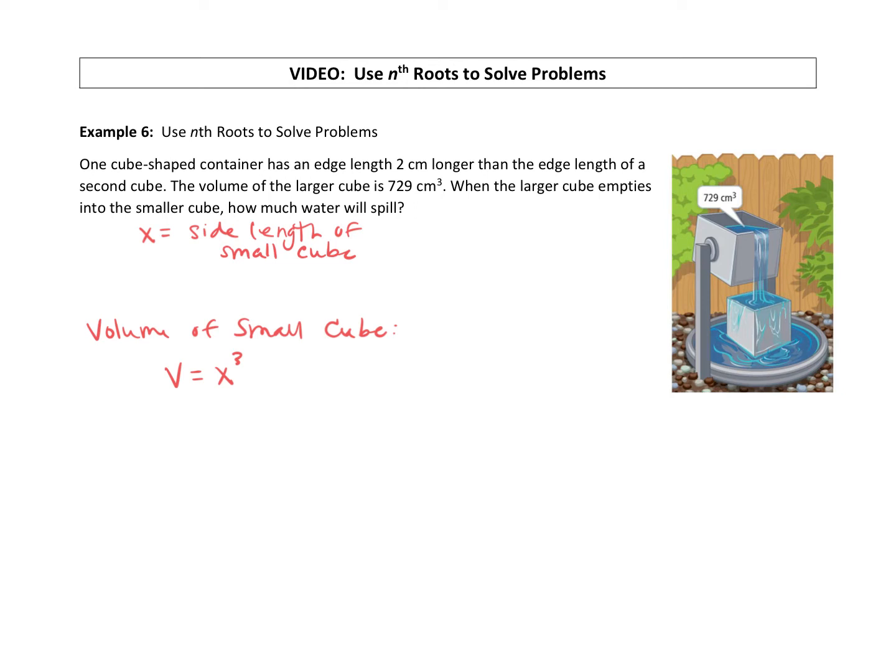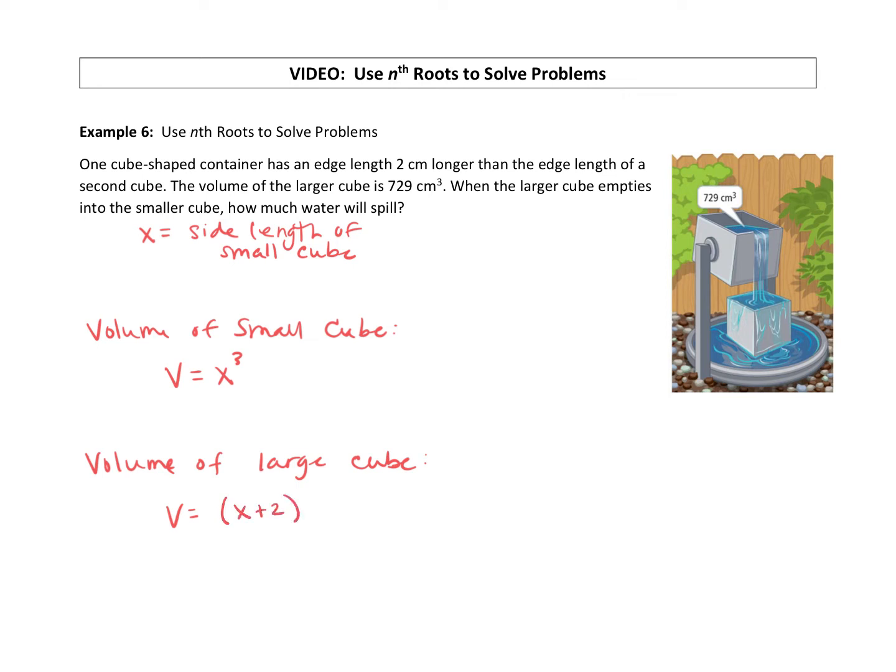Now, the large cube has a volume where it's not going to be x to the third power, because each side is longer than x. They actually said it's 2 centimeters longer. So we can say that the side length of the large cube is x plus 2.